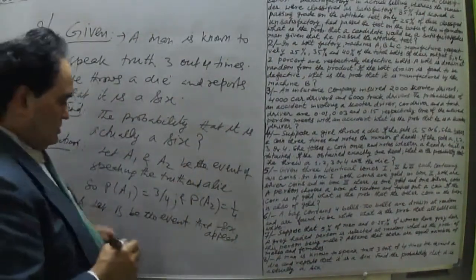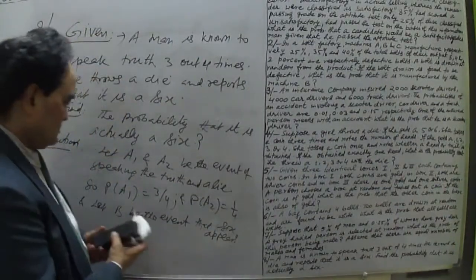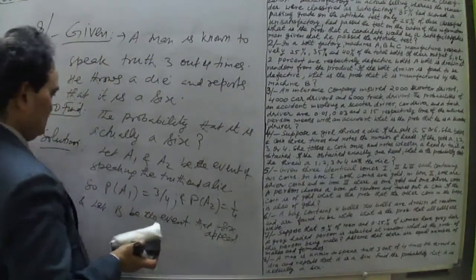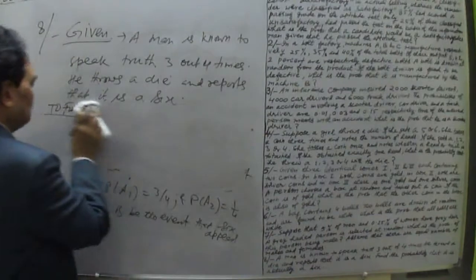Okay, and 6 will not appear, that is another event. So, telling the truth or not the truth. First let me write here. So find the probability that 6 appears actually.